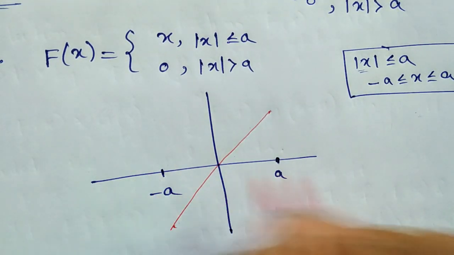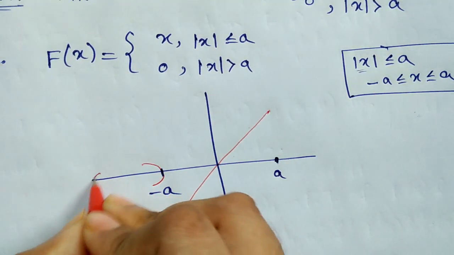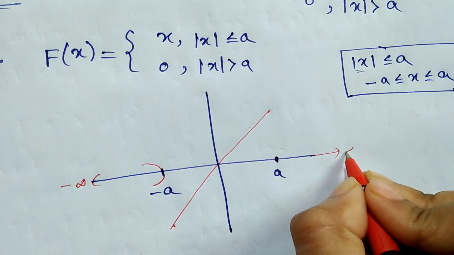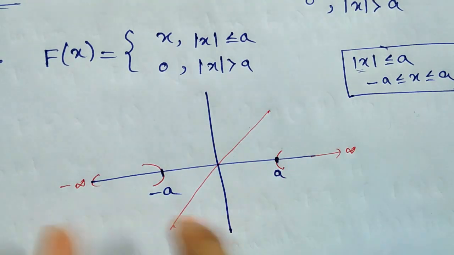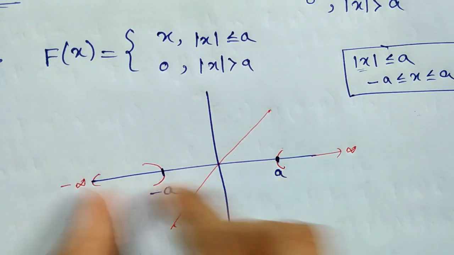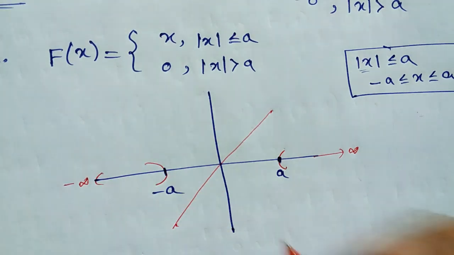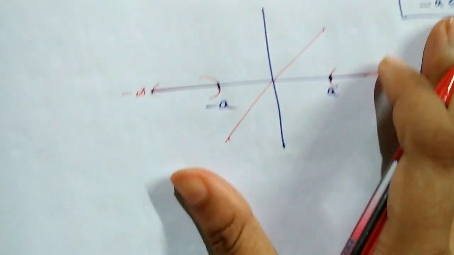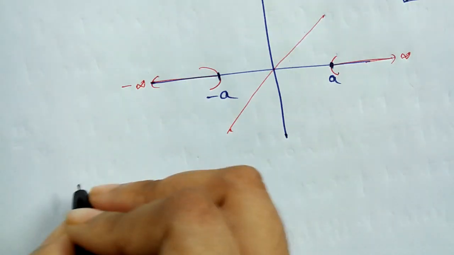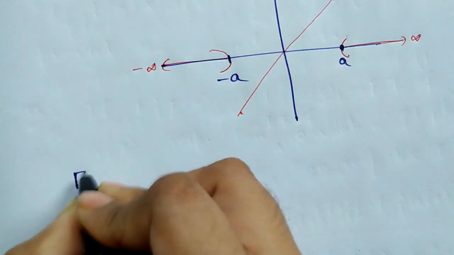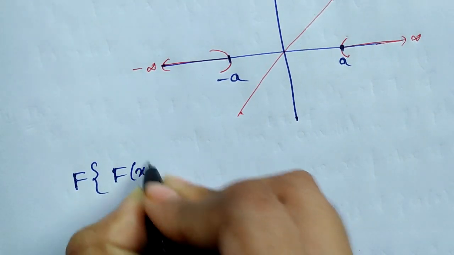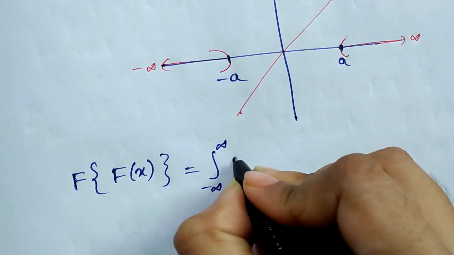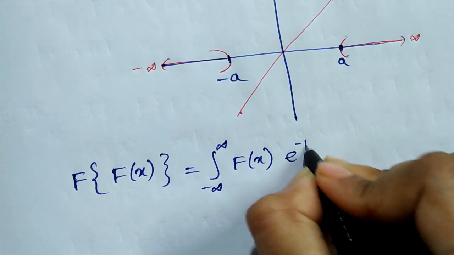Outside of this part, here this is minus infinity and this is plus infinity, in these outer parts the function value is 0. This is the function value. So let's start. The Fourier transform of f(x) will be, by our known formula, we can write this.